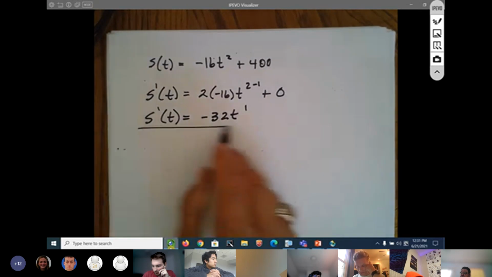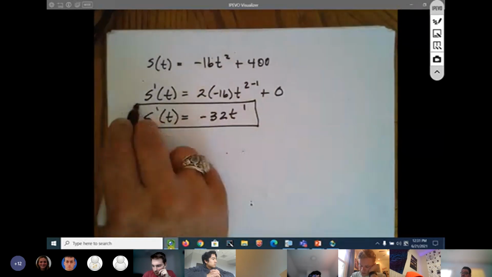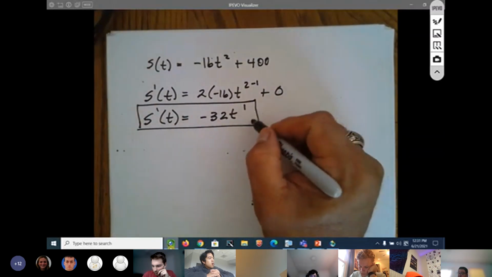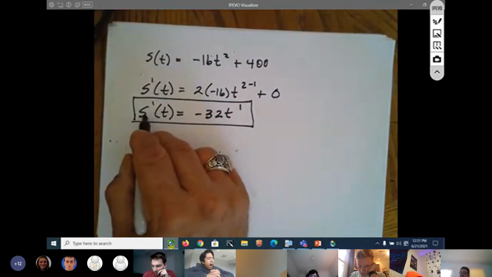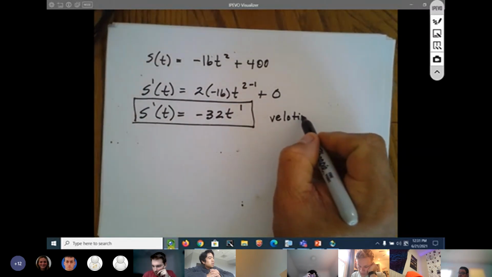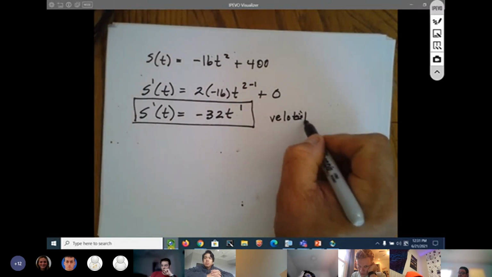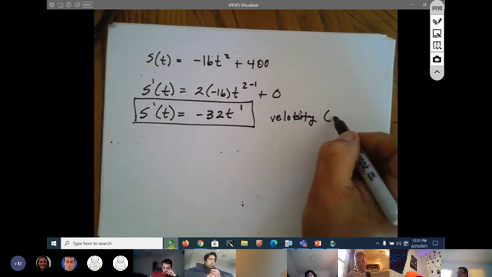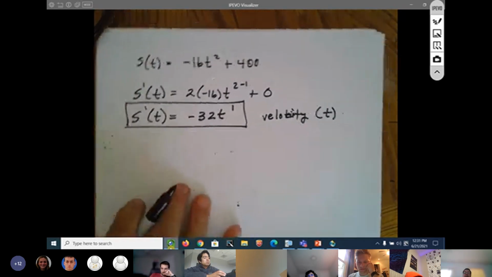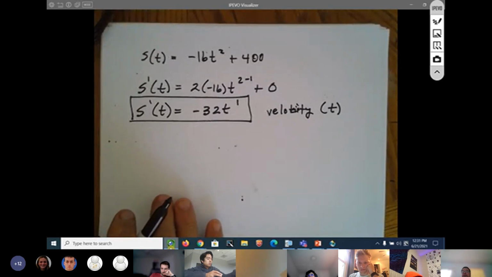So that's our first derivative. And t is still in there, so we know that the velocity is still in regards to what? Time.